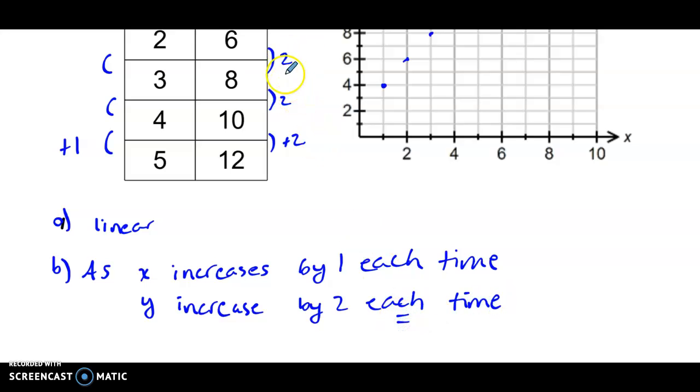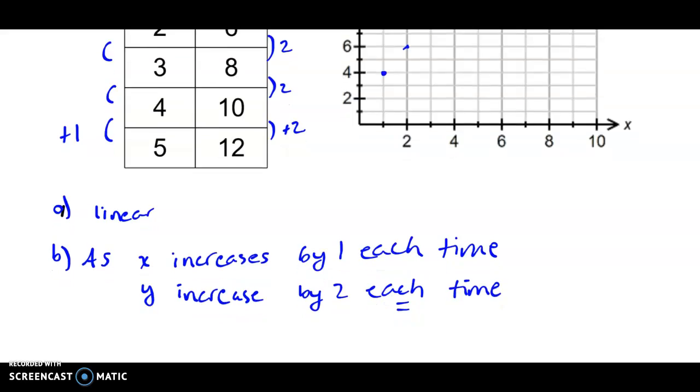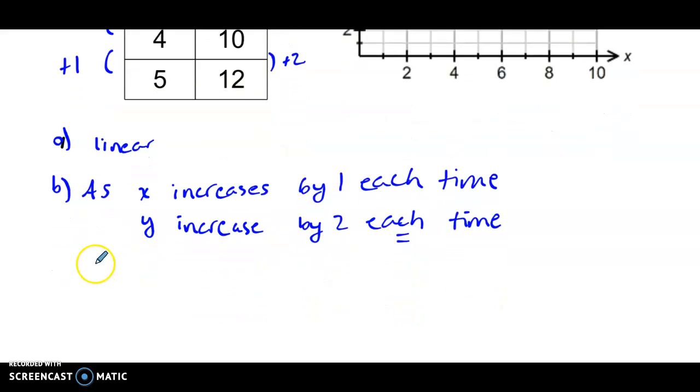If this was any number different, 2, 2, and 3, then I would say no, this graph is not linear. There's not a consistent change on both sides. And I know it's linear because the points all lie on the same straight line.